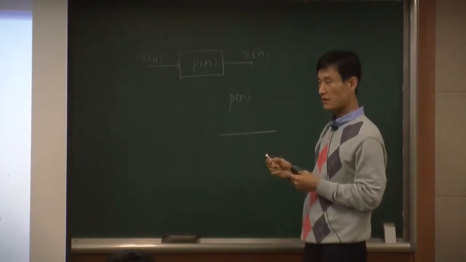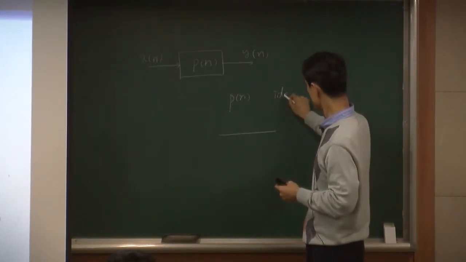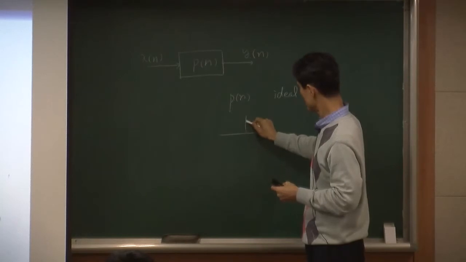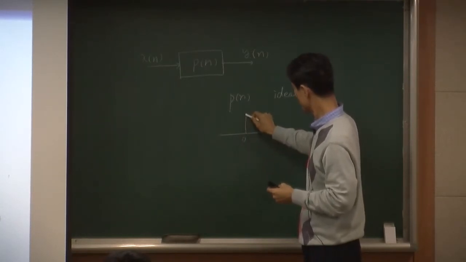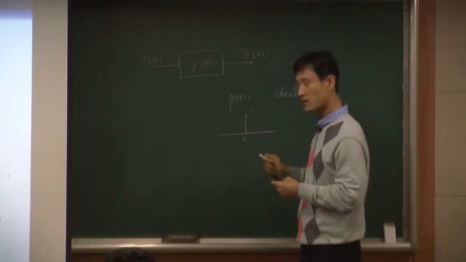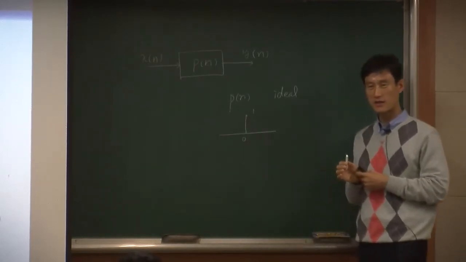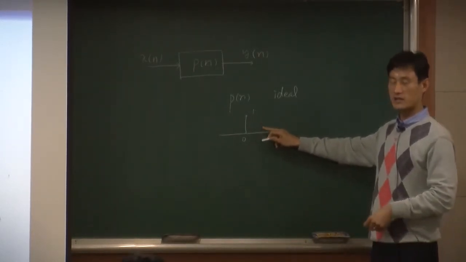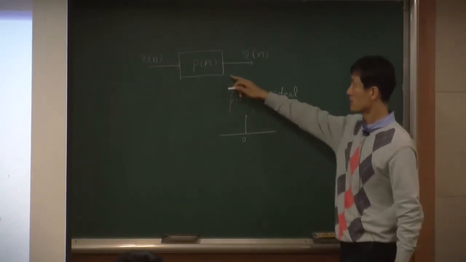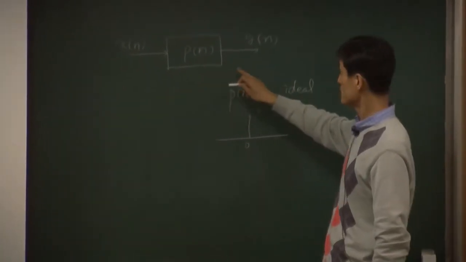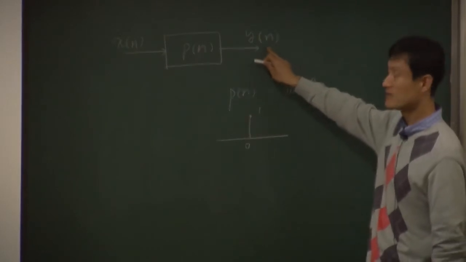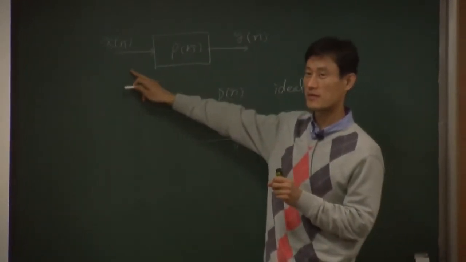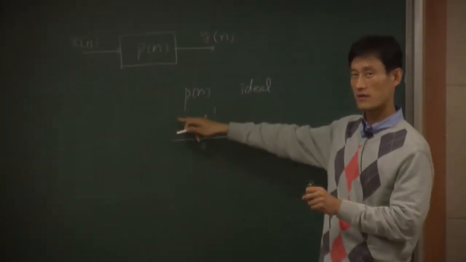The ideal impulse response is simply like this. That's going to be the perfect ideal impulse response. Because when you have this kind of impulse response for this block, what that basically means is your output is exactly the same as the input. Why?